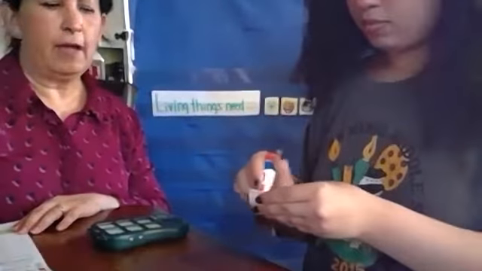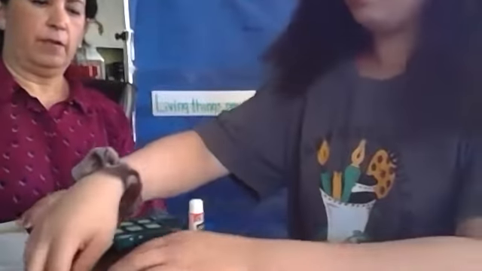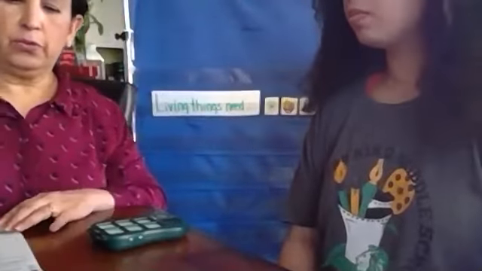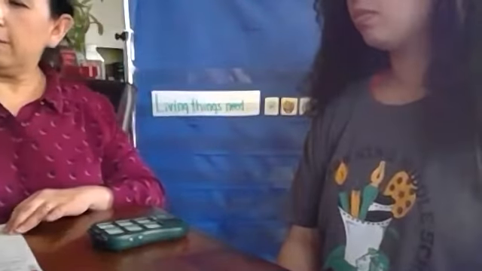Very good, Ryan. Living and non-living things. Good job. Let me put the top on the glue stick. And I want you to pat yourself. Good job. Now we're gonna do another activity.